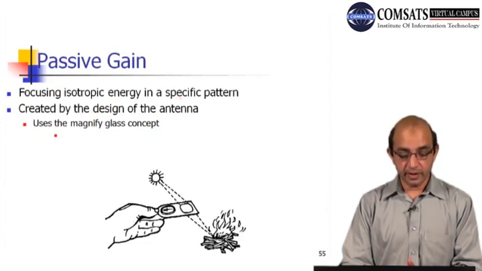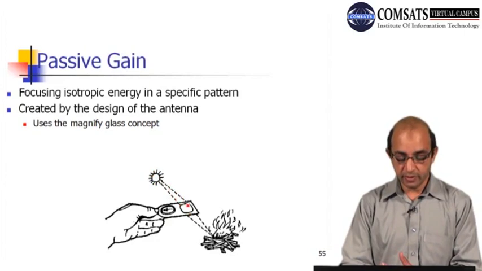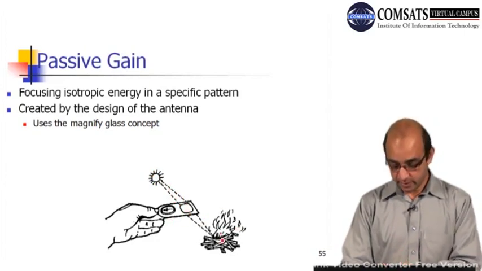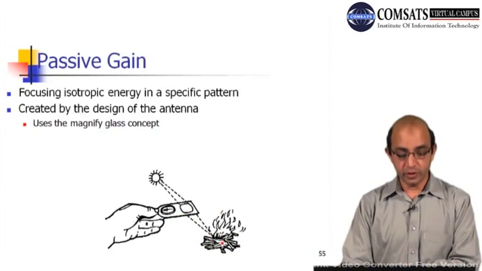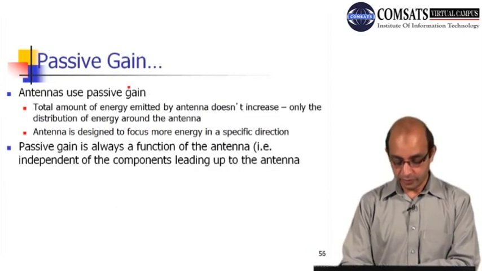This is a very good example: when we focus the dispersed beam of waves from the sun by using a prism, we can start a fire, right, on a paper or maybe on wood.